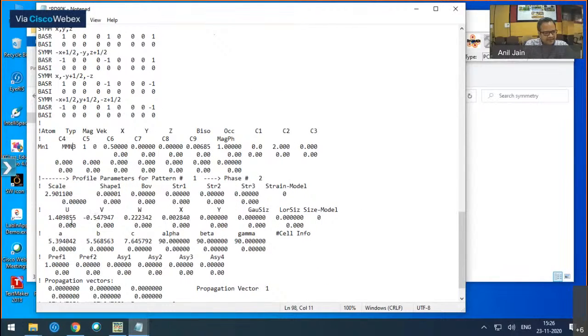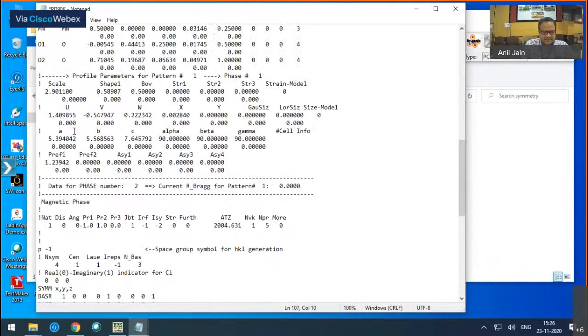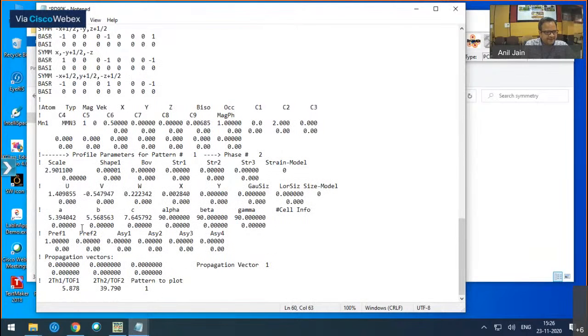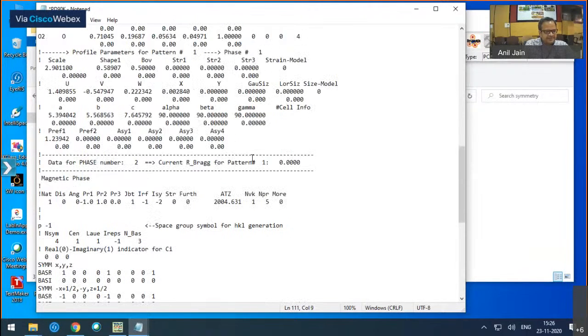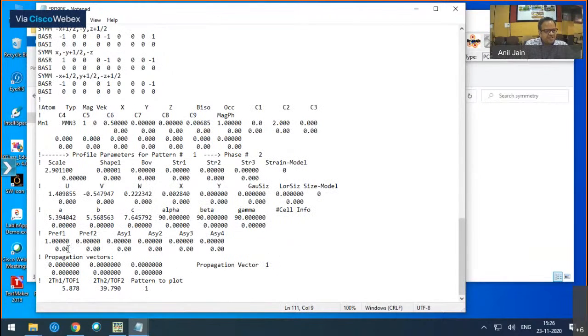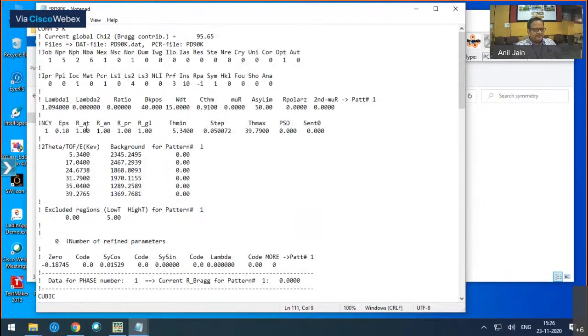Now, these parameters UVW, in the starting, you can keep the same as in the nuclear phase. ABC also you can keep the same. Preferred orientation, preferred 2. And for all the asymmetry parameters, you can keep 1, 0, 0, 0, 0, 0, if you are dealing here with NOR equal to 1.